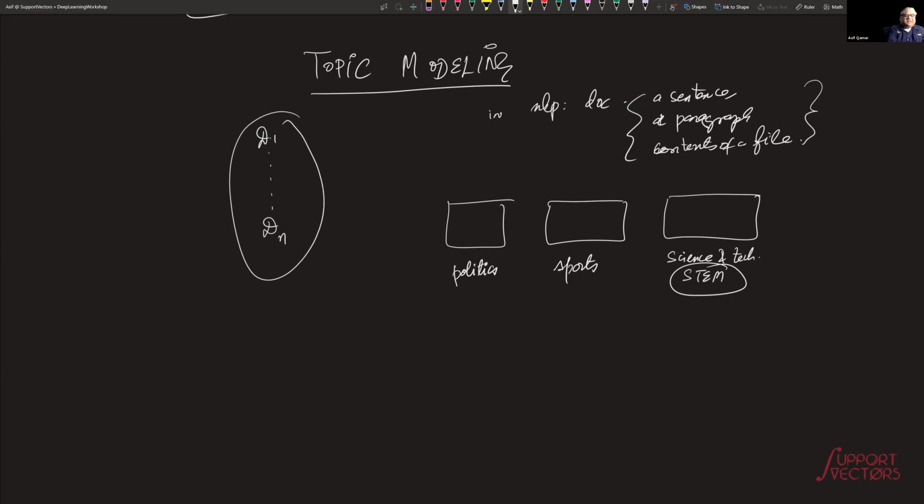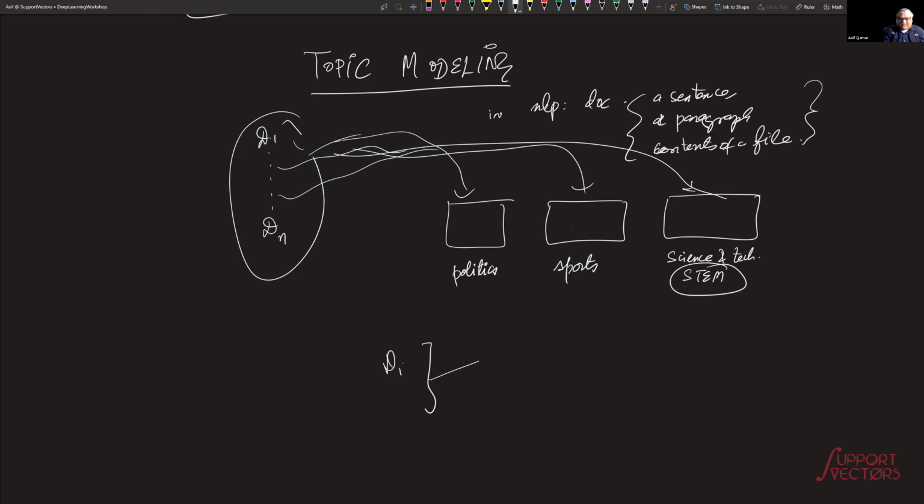What we do is, with each of these buckets, we tentatively start associating documents to these topics. But even when we associate a document to a topic, some documents don't quite fit into one topic. Given a document Di, you can do a sort of proportionate attribution.